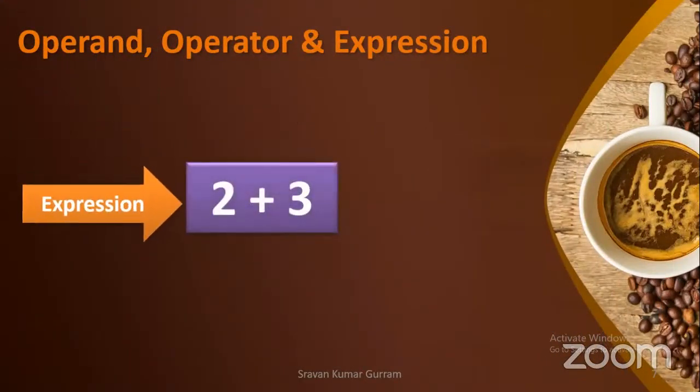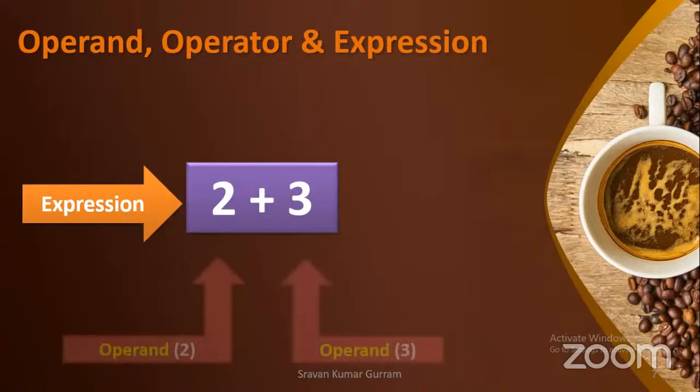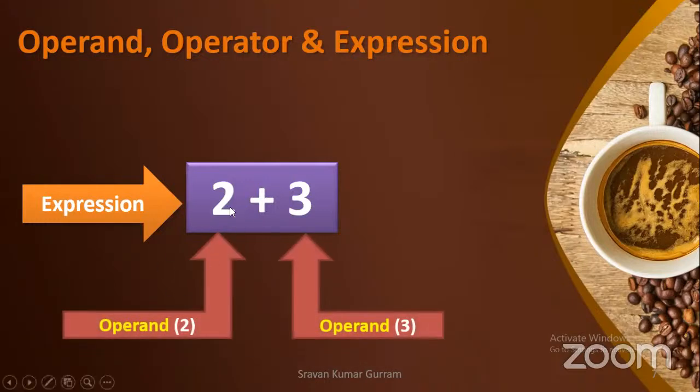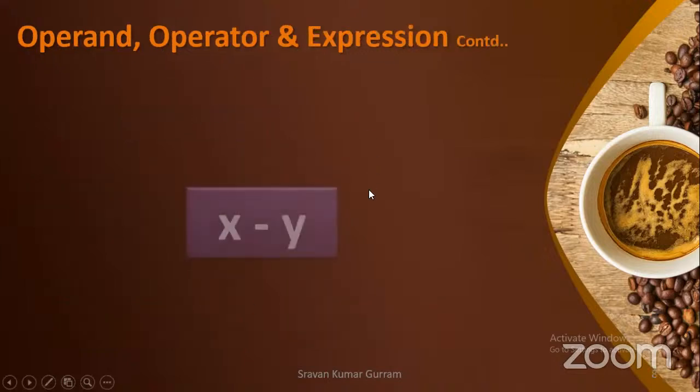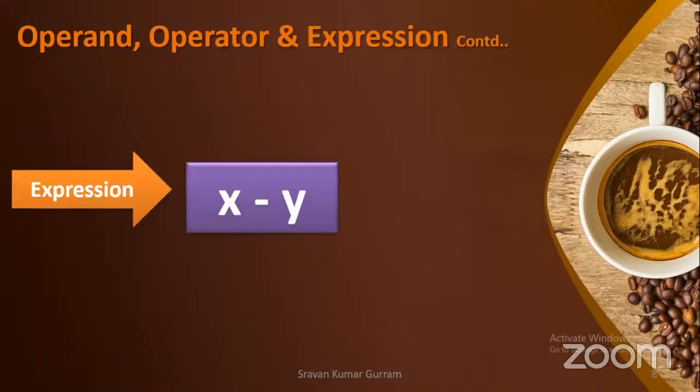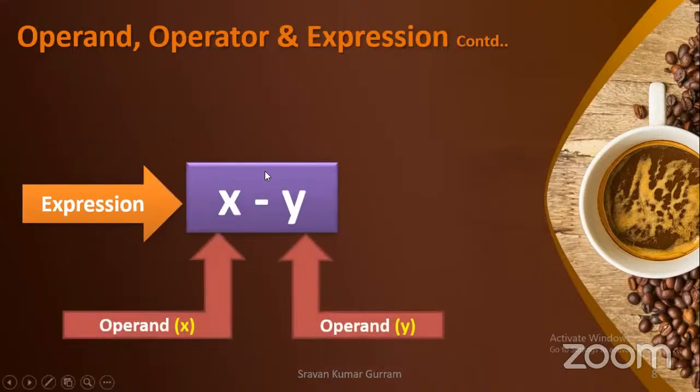See this? Suppose we write 2 plus 3, that is an expression. In this, 2 and 3 are operands, and plus is called an operator. Here I am using minus. In the previous example, we used the plus operator. Here we are using the minus operator.